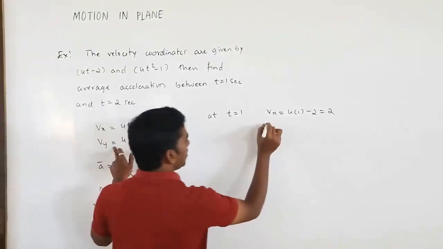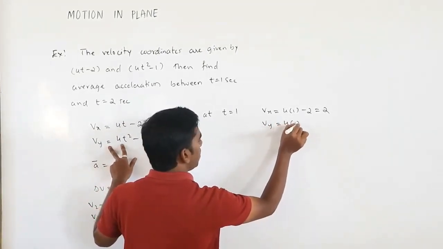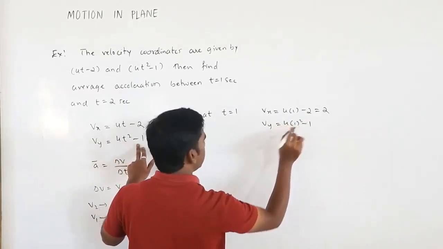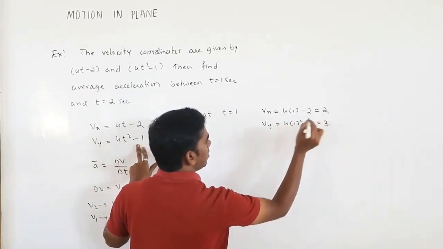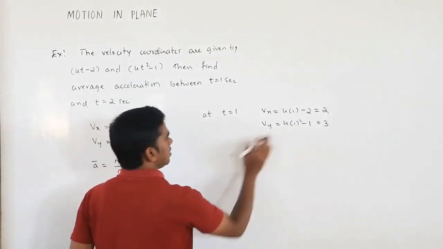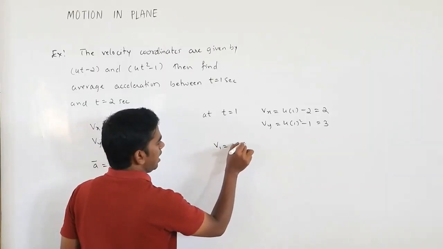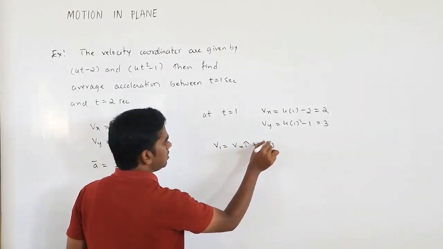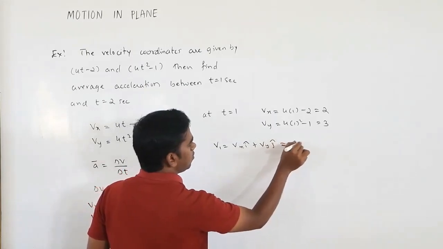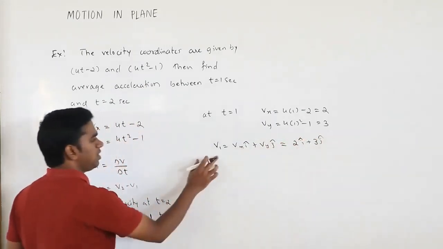Similarly Vy will be 4 into 1 square minus 1, so 4 minus 1 becomes 3. So V1 is Vx i cap plus Vy j cap, that is 2 i cap plus 3 j cap.